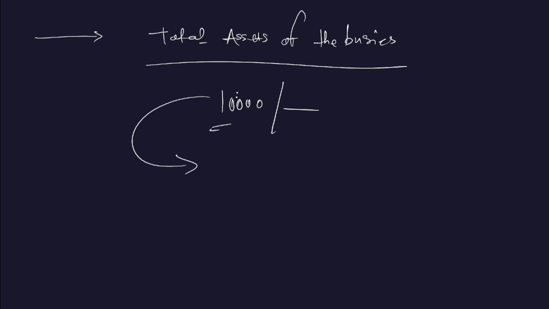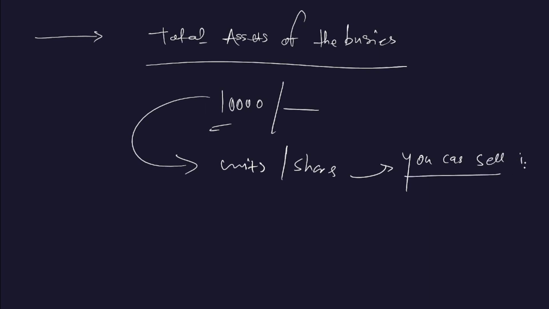You can split this 10,000 into units or shares, and sell those shares. How many units you can split depends on the business. You can also create 10,000 units, so the per unit value would be 1 rupee.